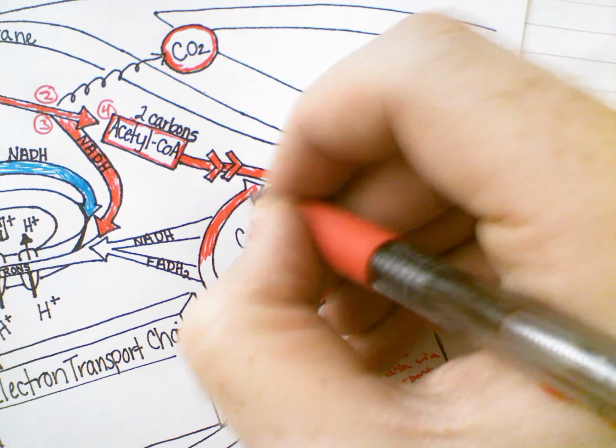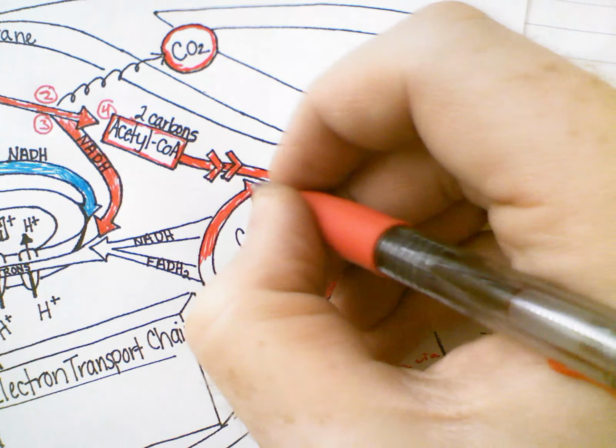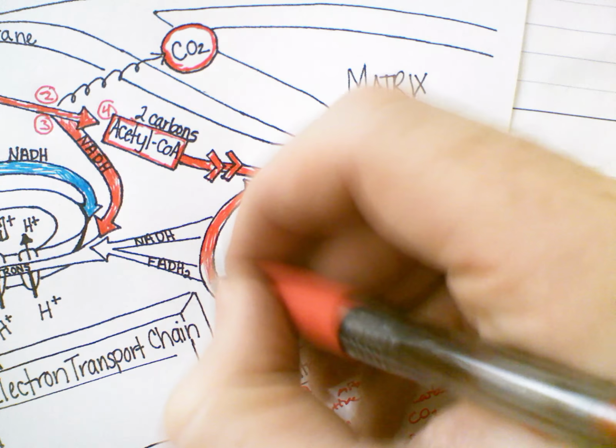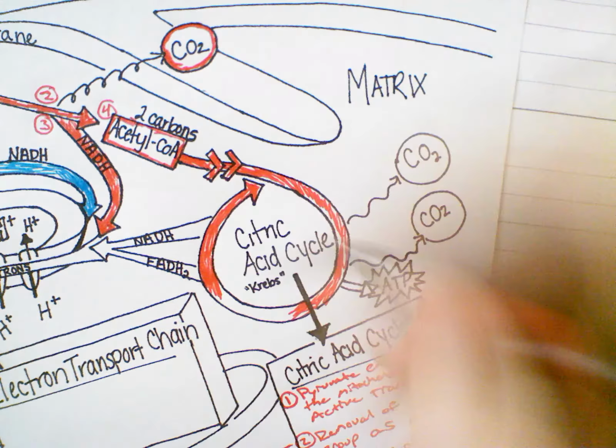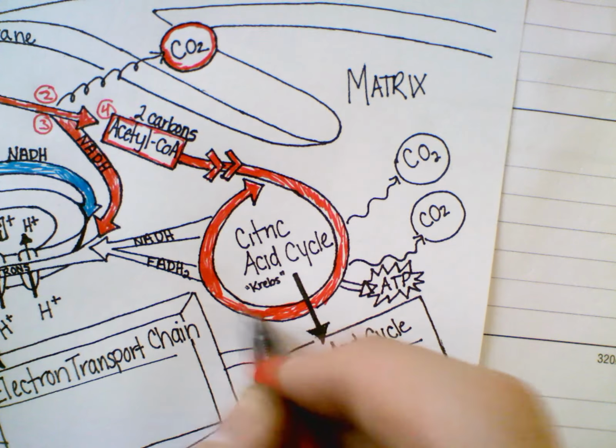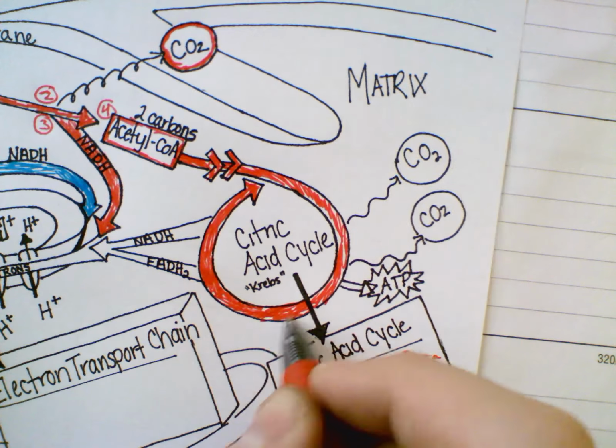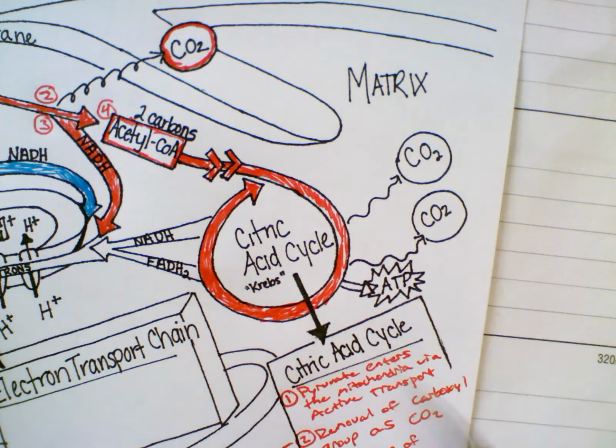But what I do need you to know is that as you move through the citric acid cycle, it is a series of oxidative steps. So we are stripping electrons out of this acetyl coenzyme A, which started off as pyruvate. And every time that a reaction is done on it, it actually becomes something else. And that's why there's a million words within the citric acid cycle, because every time something's done to it, it gets renamed.